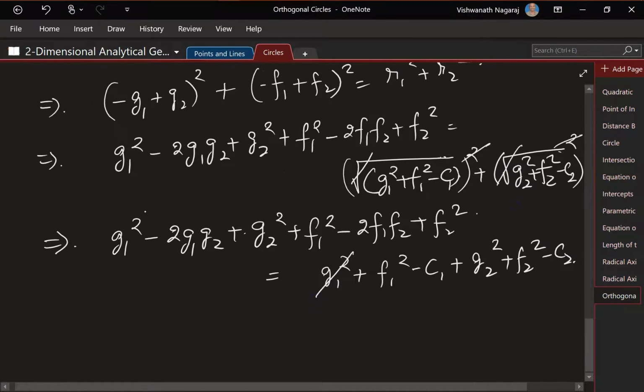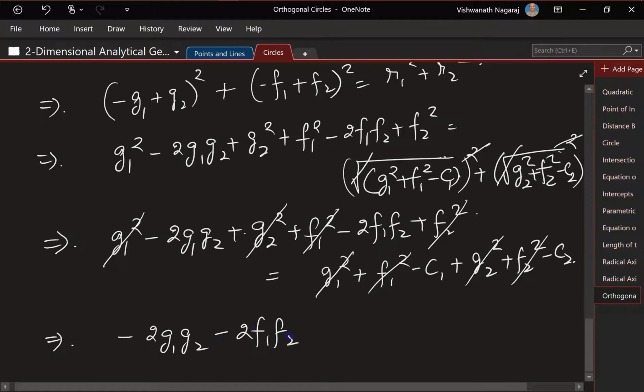The g1 square, f1 square, g2 square and f2 square all get cancelled, and we are left with minus 2g1g2 minus 2f1f2 equal to minus c1 minus c2.